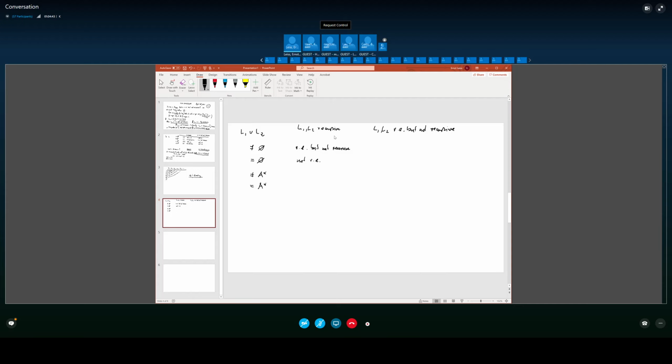And because they're both recursive, if at some point both of them do not contain a particular word, then we can immediately conclude that this is not everything. So L1 union L2 is not A star, and so that makes it RE, but not recursive. And testing whether they contain everything is obviously then, again, not RE.